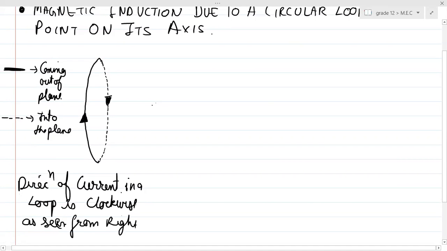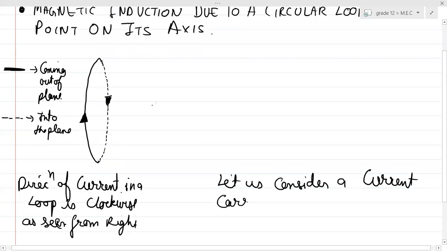This derivation is a part of the school syllabus, so we'll write. Let us consider, over here, we'll write the statement over here. Let us consider a circular loop of a radius.